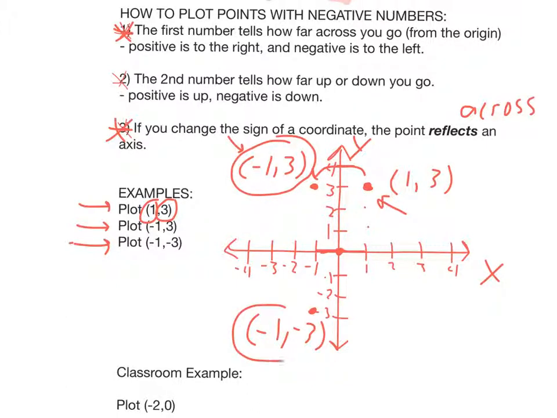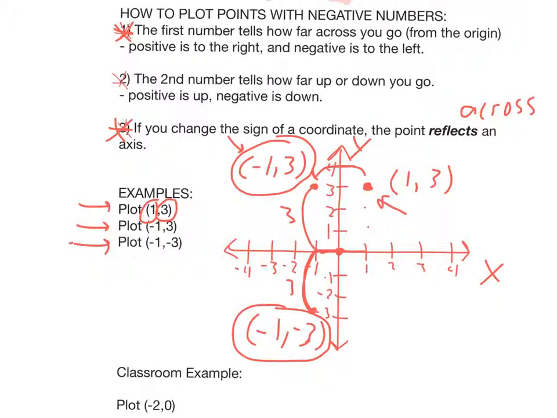Third point's coordinates, the second coordinate, the 3, changed to a negative, so it reflected across the x-axis. Reflect means go onto the other side of the axis the same distance. So you can see I went down 3 to the axis and then 3 more below the axis. That's called a reflection.